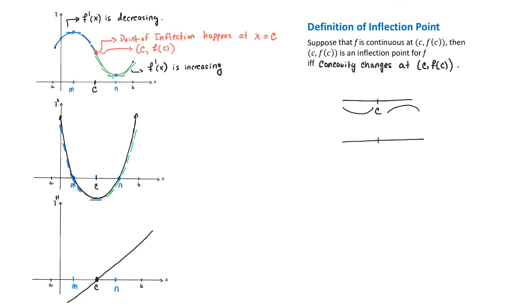Or let's say if this is c, and on the left of c the graph is concave down, and on the right of c the graph is concave up, then again I know that at x equals c my graph is going to have a point of inflection. But this is under the assumption that c is part of the domain of the function and the function is continuous. And the most important condition: concavity changes around x equals c.